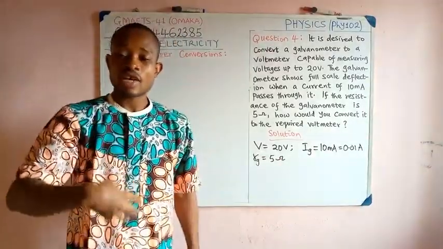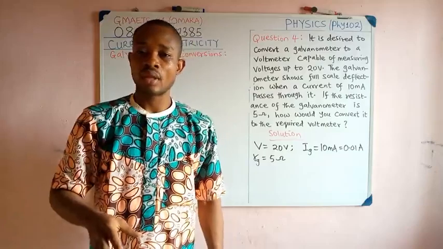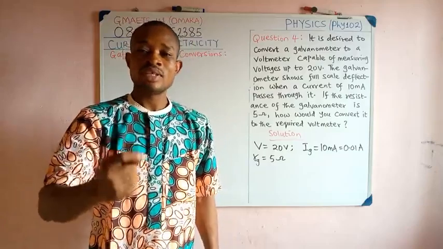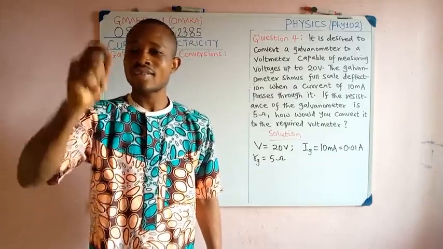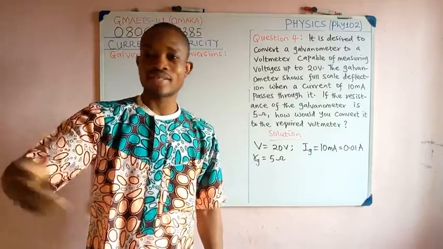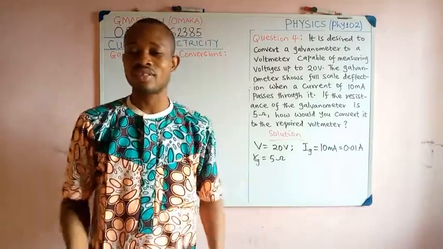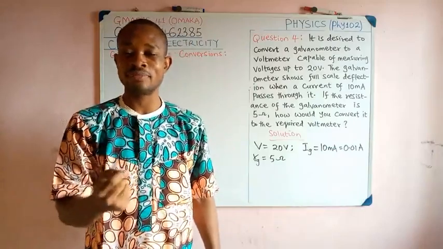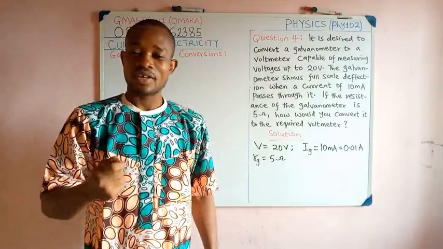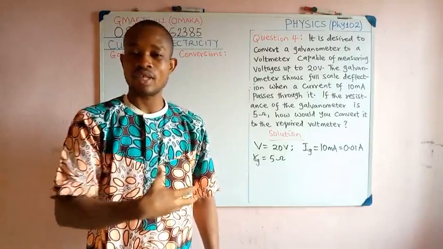Now we've identified that we need a multiplier for this connection. The next thing is to determine the value of the resistance of that multiplier, so that we cannot just go and select any material without knowing the resistance value. Now what do we do here? We need to know the base formula for this.